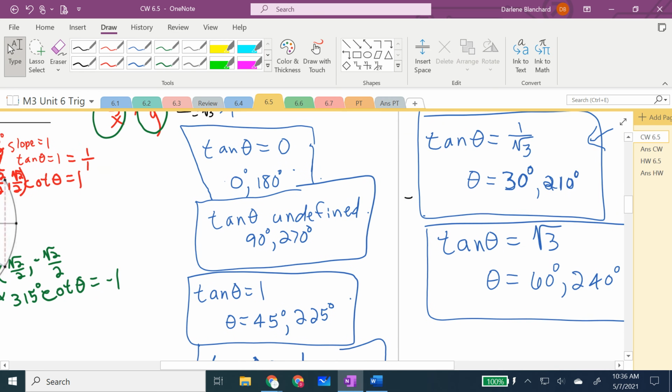So I want to come over here to where I had written out some of the tangent values. And I want to put next to it cotangent values. When I'm looking at 0 degrees or 180 degrees, tangent is showing a value of 0. Cotangent is undefined at 0 degrees and 180 degrees.